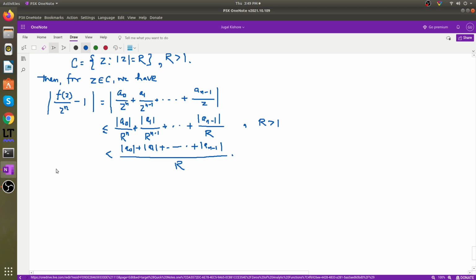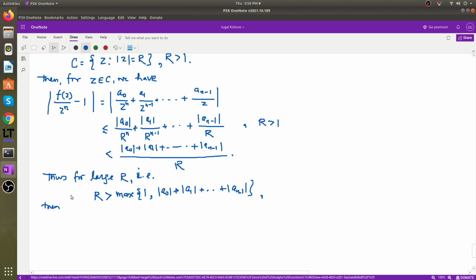Now, if we take R to be a large number, that is, if R is greater than the maximum of 1 and the modulus of a0 plus the modulus of a1 plus up to the modulus of a_{n-1}, then we have that the modulus of f(z) divided by z^{n-1} is less than 1.